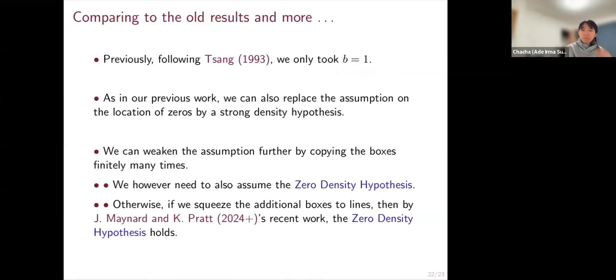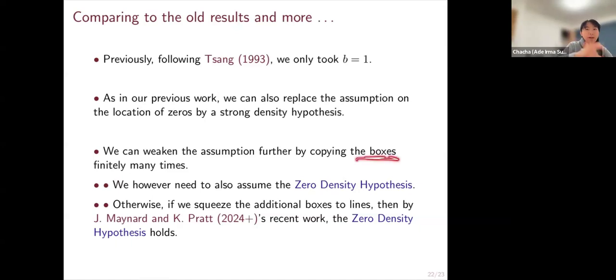In this result also, we can replace the assumption on the location of zeros by a strong density hypothesis that still works the same, but I didn't want to explain that just now. And then we can weaken the assumption further by copying the boxes finitely many times. This is what I really wanted to do from last year, and finally we could do that.